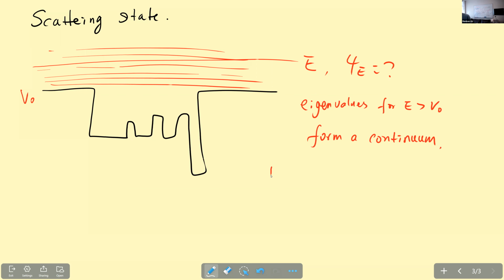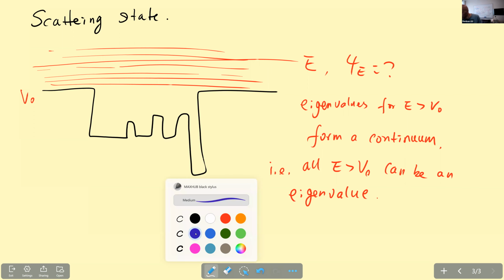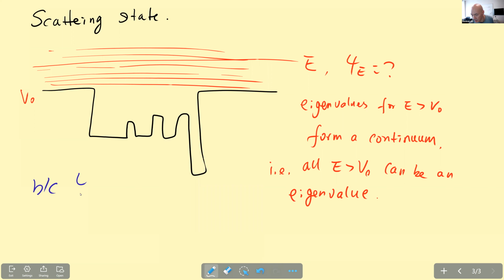So that means all E above V0 can be an eigenvalue. There's no constraint on the eigenvalues, unlike the case that we had for bonded states. The reason is that in this case psi does not go to 0 as x goes to plus or minus infinity.